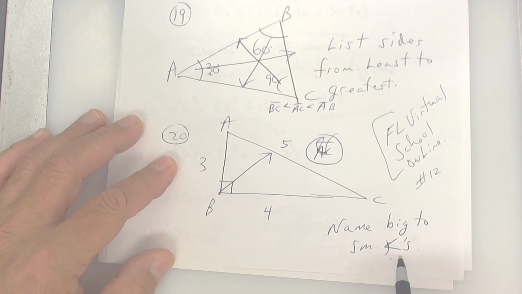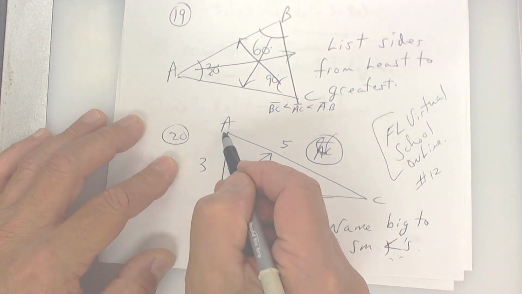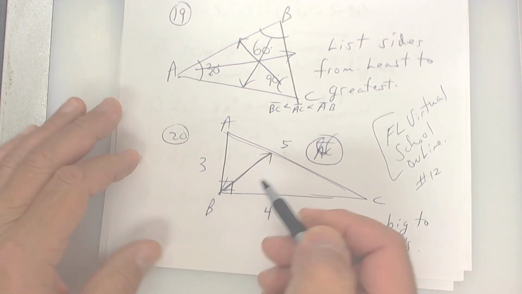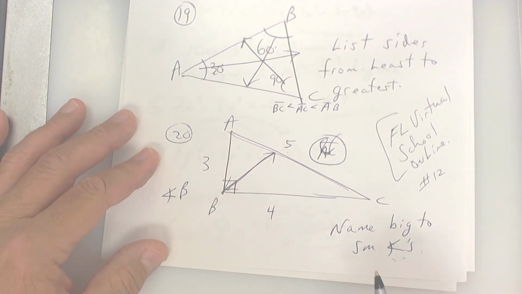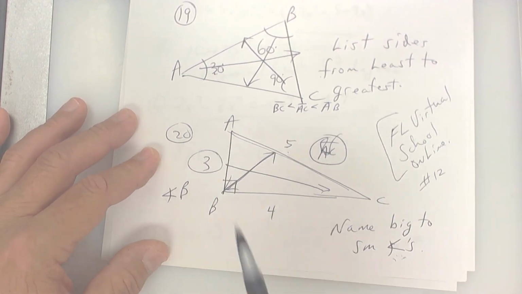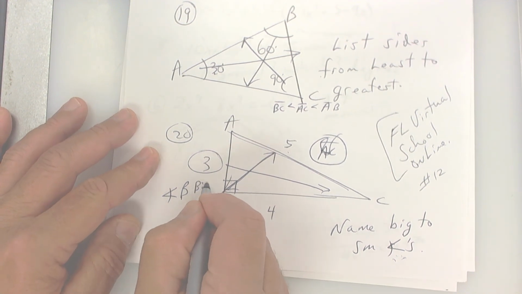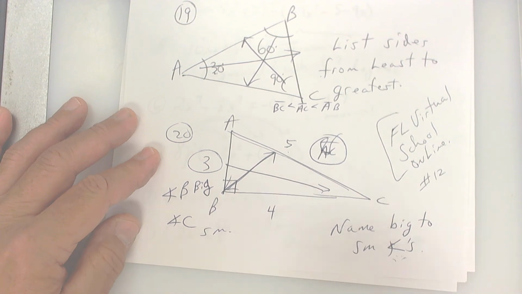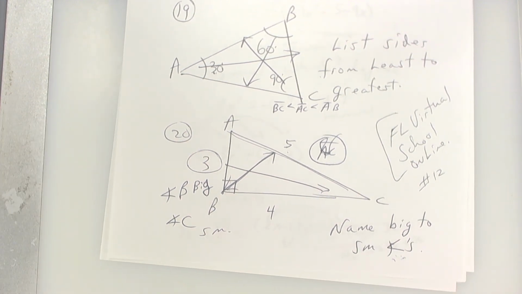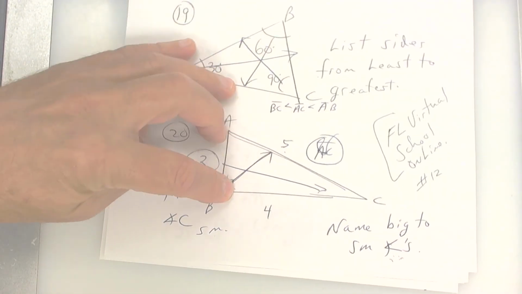Okay, so 5 is the biggest side, so the biggest angle is angle B. So angle B is the biggest, and angle C is the smallest. Remember, the bigger the side, the bigger the angle. All right, that's your review.